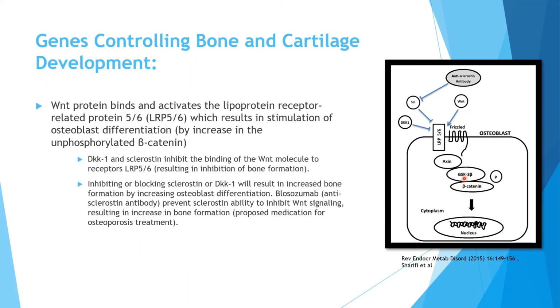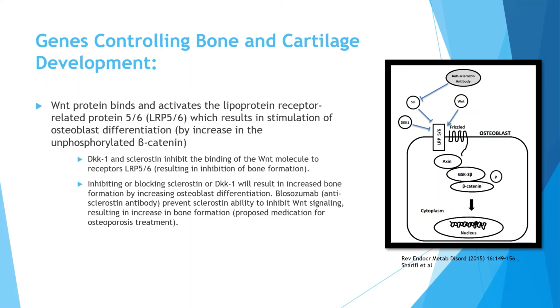The phosphorus will be away from the beta-catenin, and the increased unphosphorylated beta-catenin will result in activation of the osteoblast. So this process again results in stimulation of osteoblast function and differentiation.